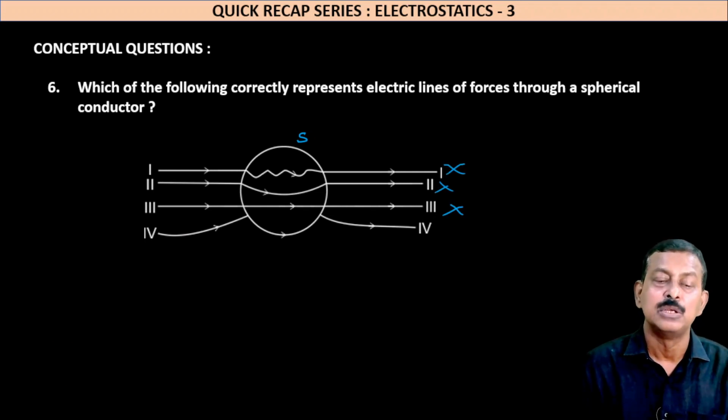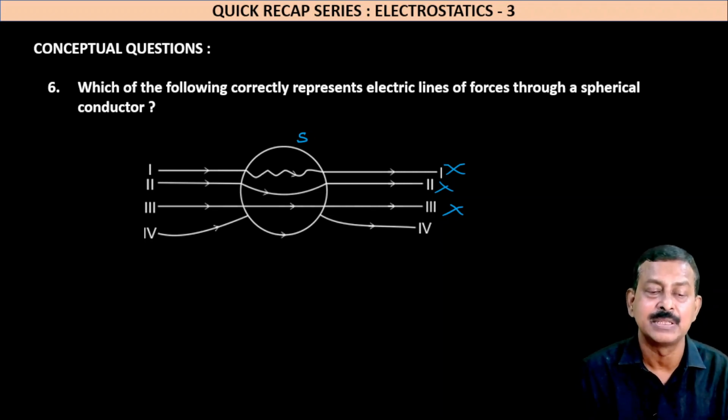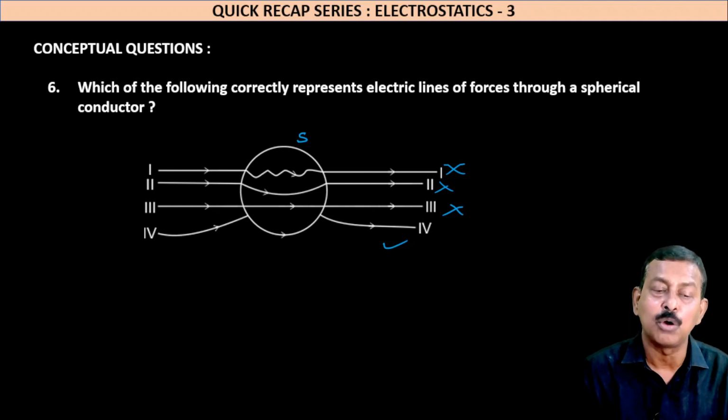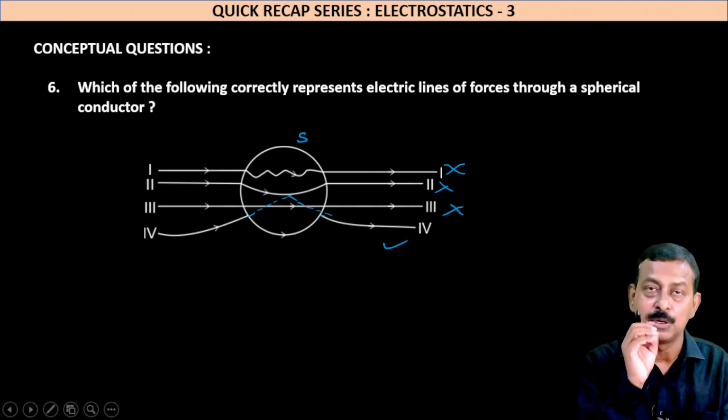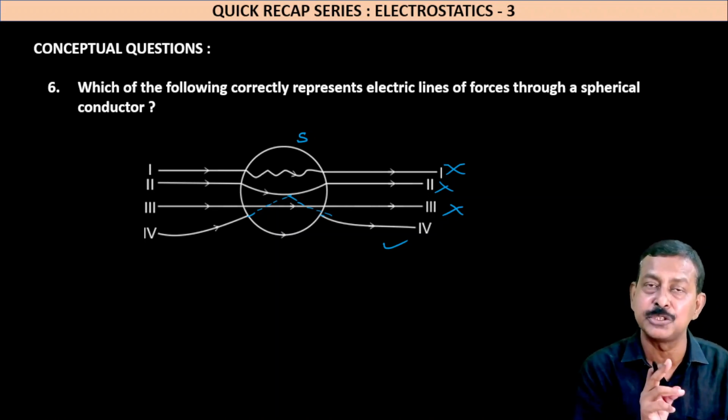So the only one which is shown that it is not lying inside, that is the fourth one, and also it is shown that it is meeting the conducting surface normally, because if you just join it, it will be passing through the center of this. So that means it is first not lying inside, secondly it is meeting the conducting surface normally.